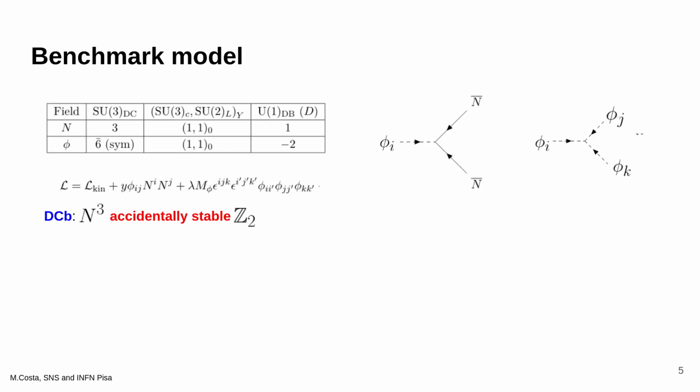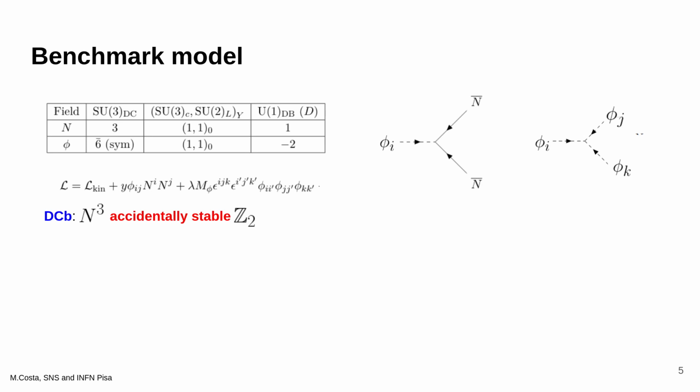Now, if we want to compute the asymmetry yield eta, we must specify a model, and we do so by considering this simplified model in which we have the dark quark n charged in the fundamental of SU3 dark color and a standard model singlet, and the scalar phi, which is in the symmetric of SU3 dark color. This Lagrangian admits a Yukawa interaction between phi and n and a trilinear phi cube term.